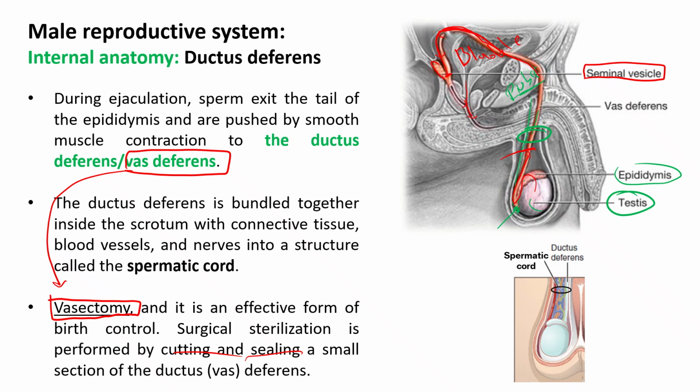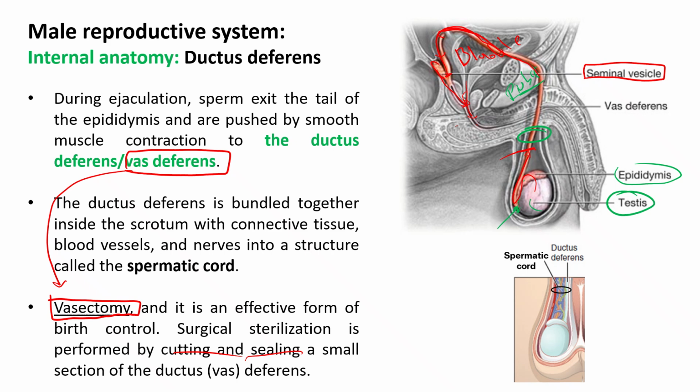One of the questions you might be thinking is: will a male with a vasectomy be able to ejaculate, will he produce semen? Yes and no. During intercourse, the male will be able to produce and ejaculate the contents of the seminal vesicles, the prostate gland, and the bulbourethral glands, but this will lack sperm.